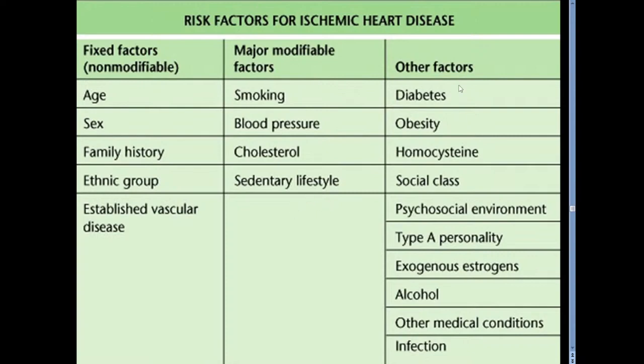Some other factors: control diabetes whenever it is present, obesity associated with sedentary lifestyle, not so clear homocysteine level, social class, psychological environment, type A personality, exogenous estrogens, important for women, alcohol, and other medical conditions and infection.